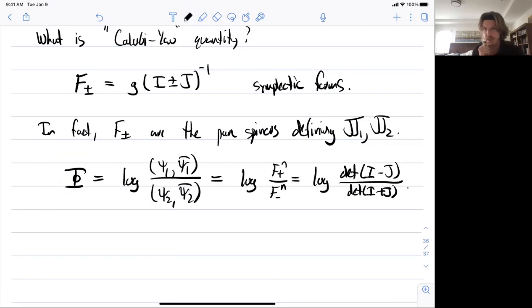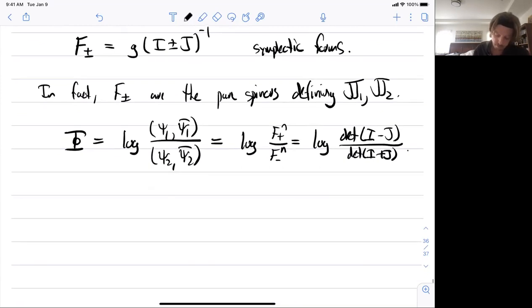And the point is that that picture holds exactly in the non-degenerate case. So what exactly does that mean? We have some important curvature identities.